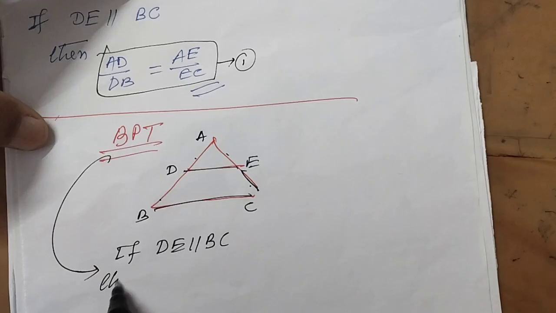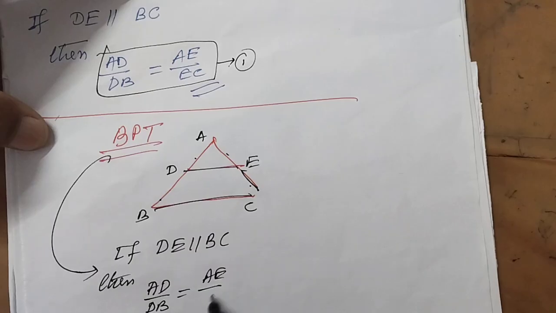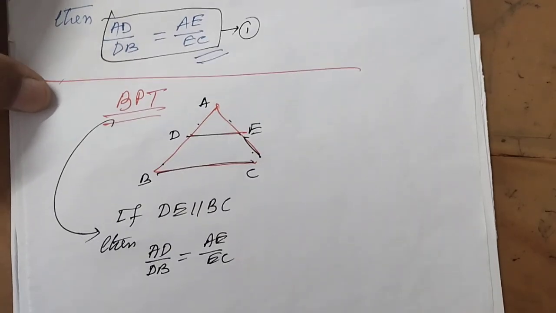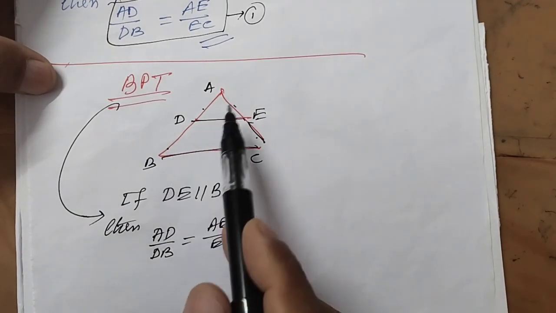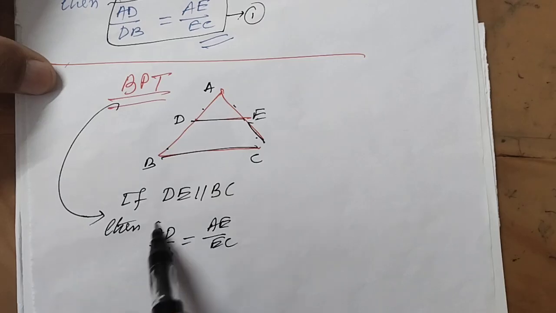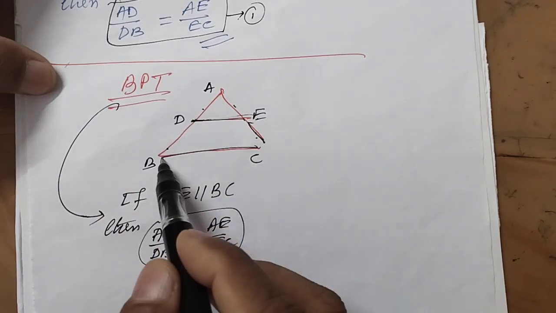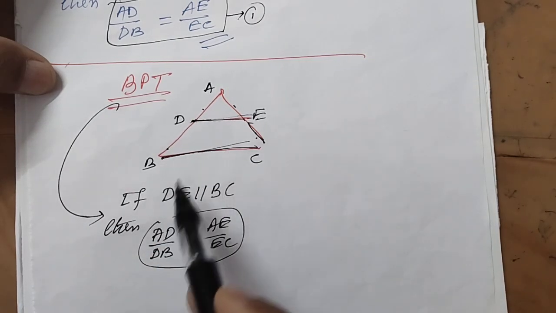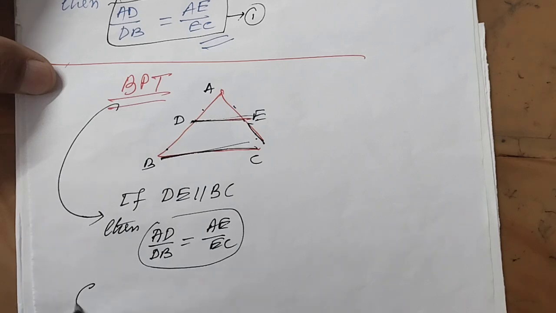Then AD by DB is equal to AE by EC. You memorize it like this, upper by lower portion. The ratio is equal only when DE is parallel to BC. If DE is parallel to BC, then the ratio is equal. This is BPT. Then just reverse.